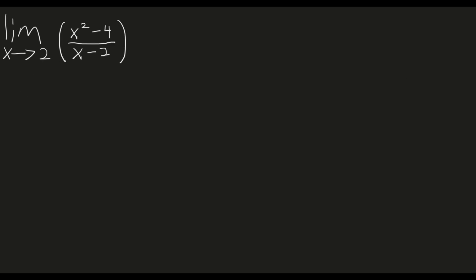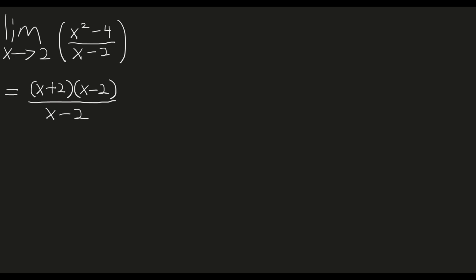Let's work with a rational function now. So we notice that we can't plug in 2 now, since if we did that, we would get 0 over 0, which is an indeterminate form. So what we want to do is factorize the numerator. Doing so, this gets us x plus 2 times x minus 2 over x minus 2.